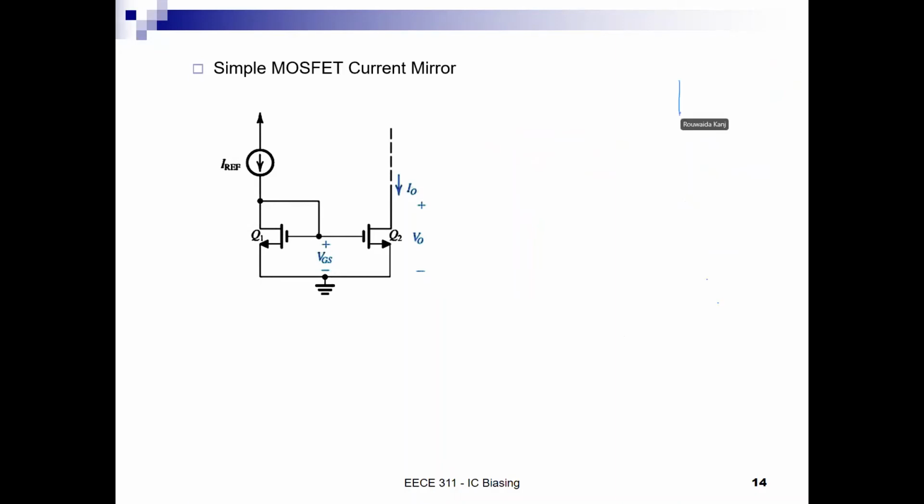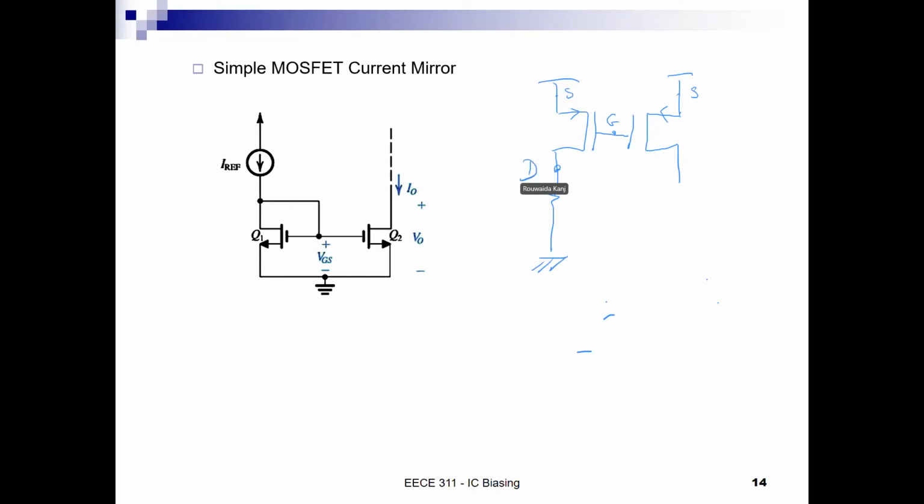So we have here the two MOSFETs, and we agreed that these are the sources, and this is the shared common gate. And now we have a resistor, and this is the drain D.